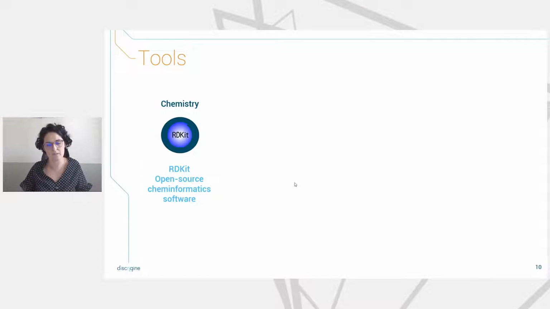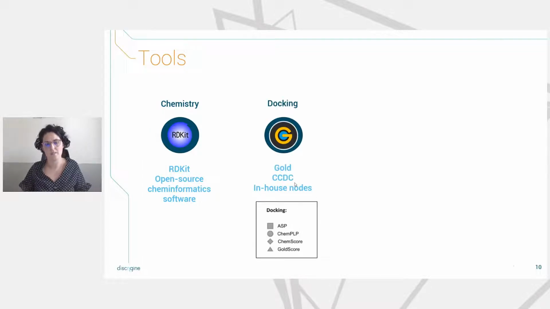For the other sections, you will have to adapt to the software you have, because at Evotec we had GOLD. For the docking, we have some in-house specific GOLD nodes that are linked to our cluster. Using GOLD, we have 4 different docking functions: ASP, PLP, ChemScore, and GoldScore.